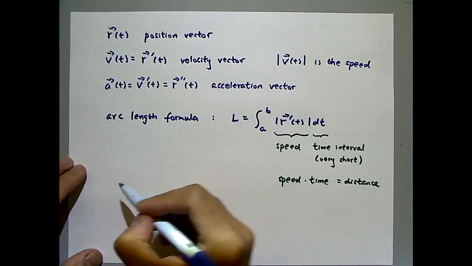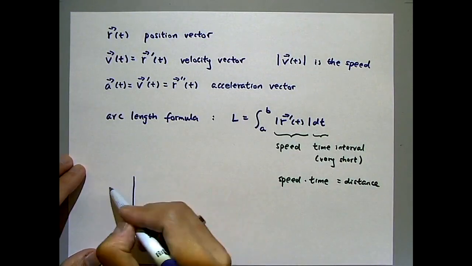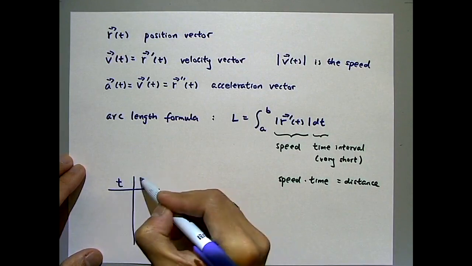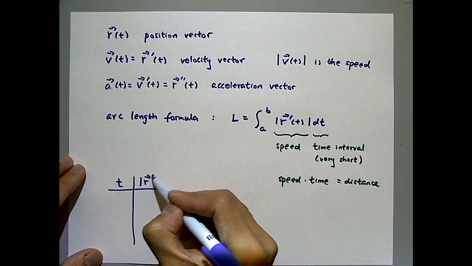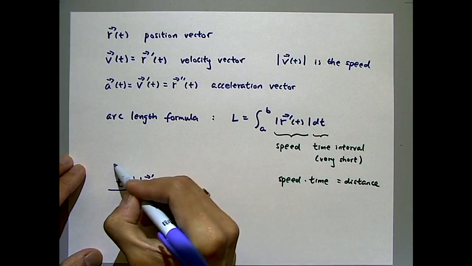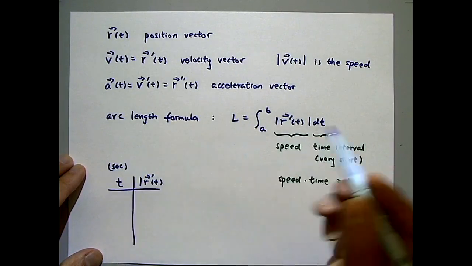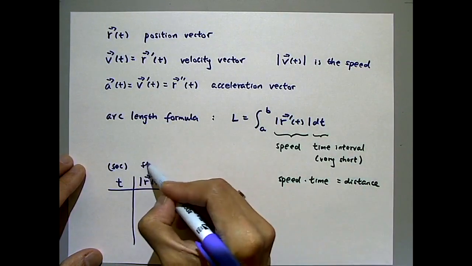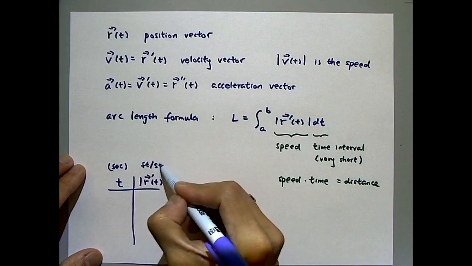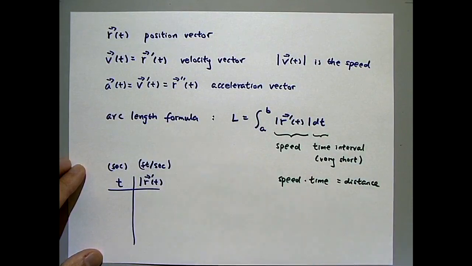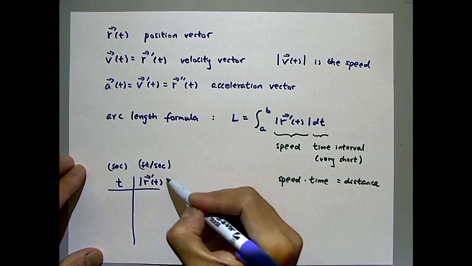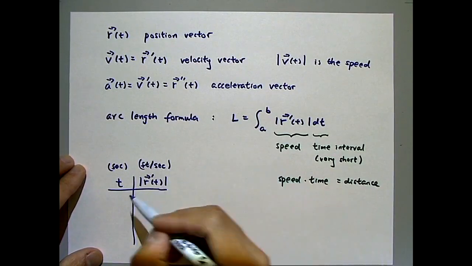For example, suppose I have the speed of some object at certain points.